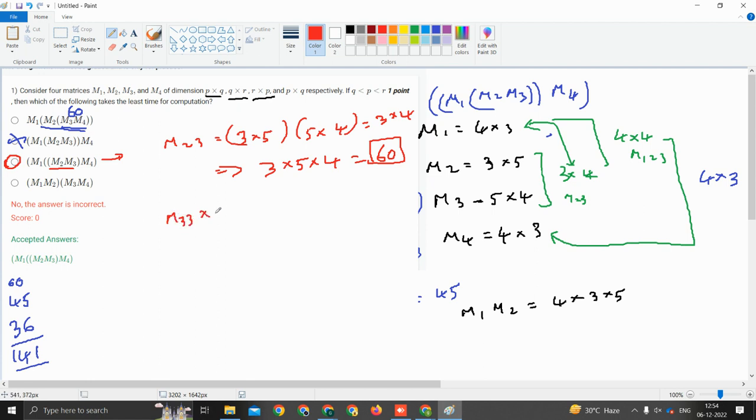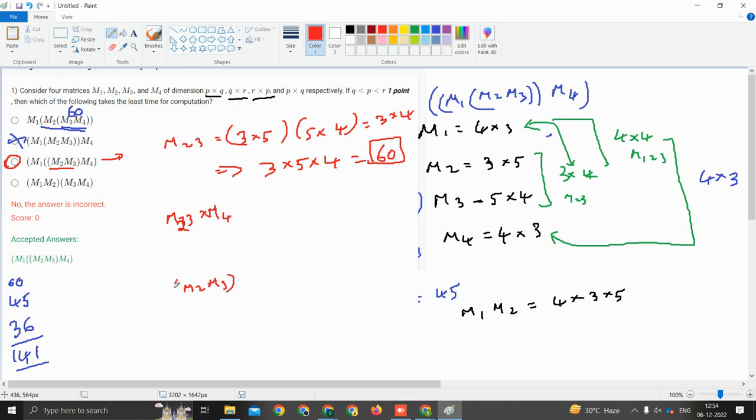So M23 multiplied by M4. That's what they have done here. Are you able to see the brackets? We are in the third option. On the right side only one bracket, because M23 is a complete bracket. On the left-hand side you're putting one more bracket.